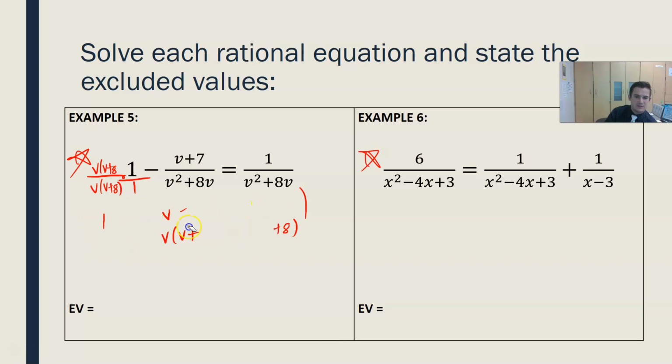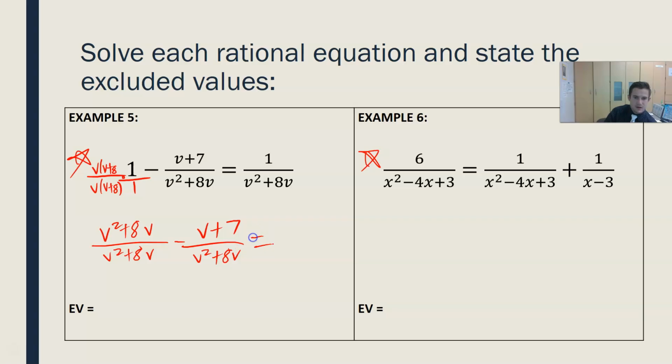Let me erase all this for a moment, so I have some room to write. What I get is v times v plus 8, or v squared plus 8v, over v squared plus 8v, that equals 1, minus v plus 7 over v squared plus 8v, equals 1 over v squared plus 8v.